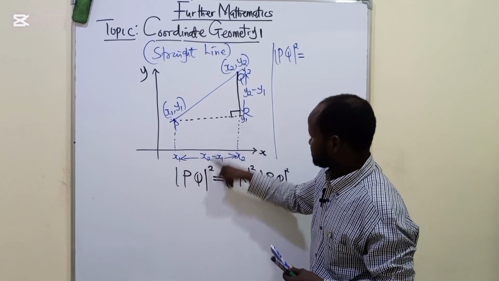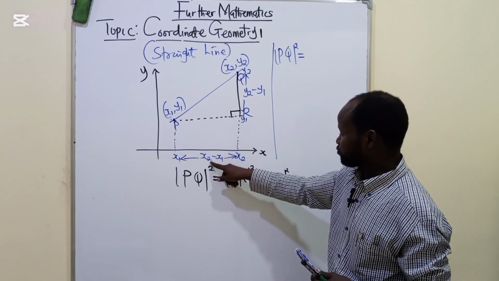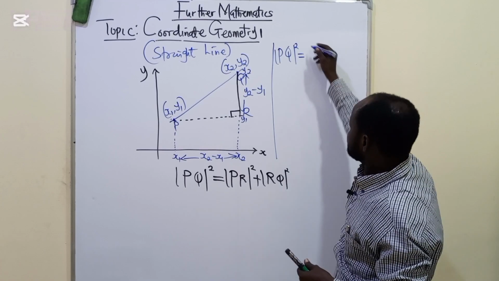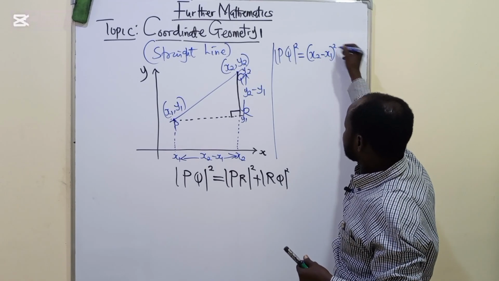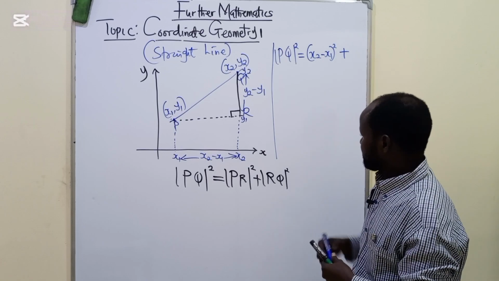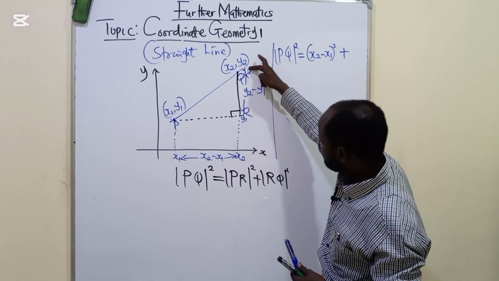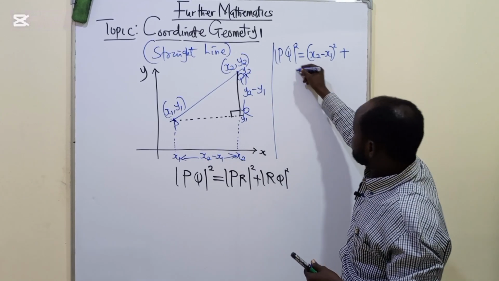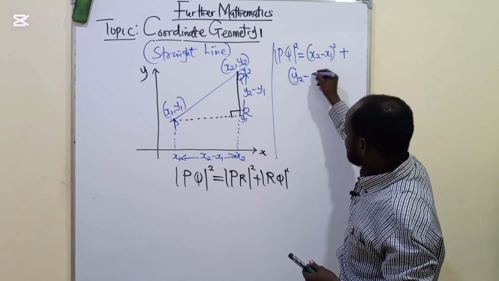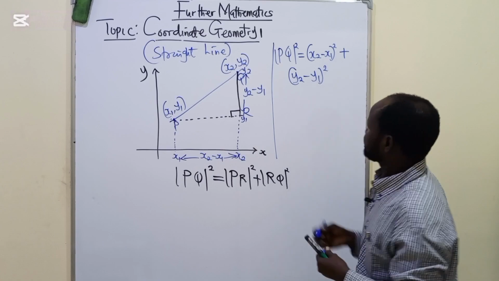P to R is the same thing as x2 minus x1. That will be x2 minus x1 all squared, plus R to Q, which is the same thing as y2 minus y1. That will be y2 minus y1 all squared.